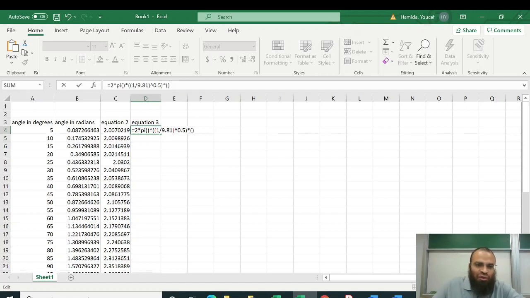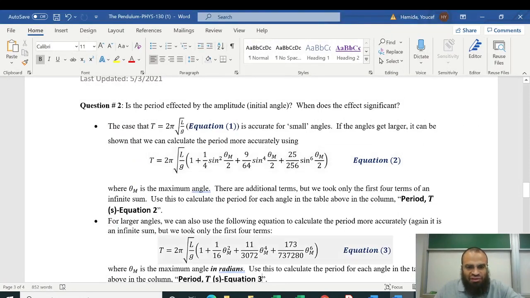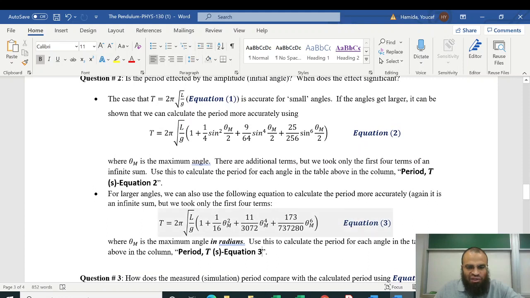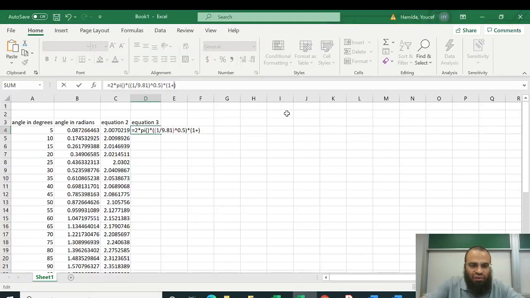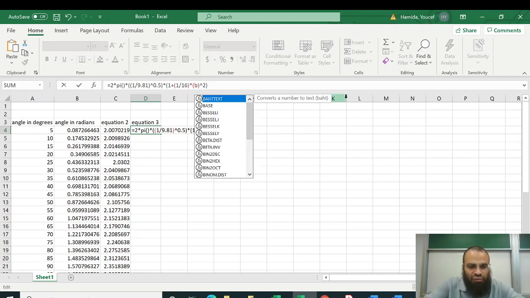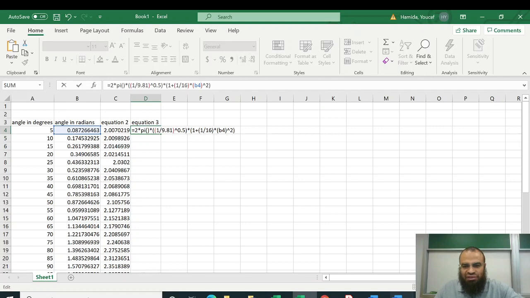Times, open close parentheses, 1 plus what? Well, notice, this is equation 3. 1 plus 1/16 theta maximum to the 2nd power. So 1 over 16, close parentheses, times to the 2nd power, and it is B4, because that's where the angle is in radians, right?